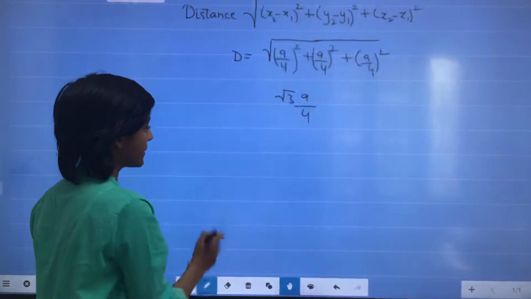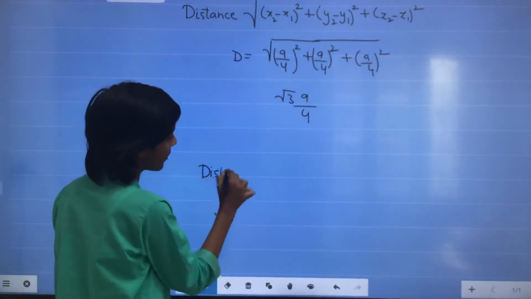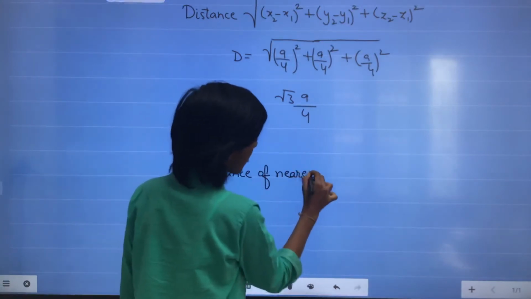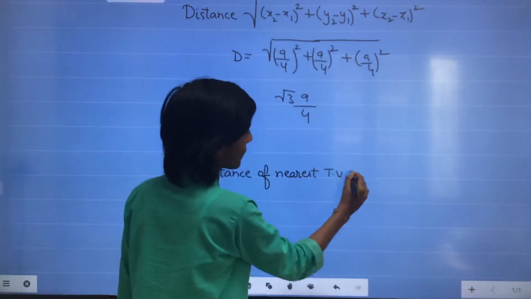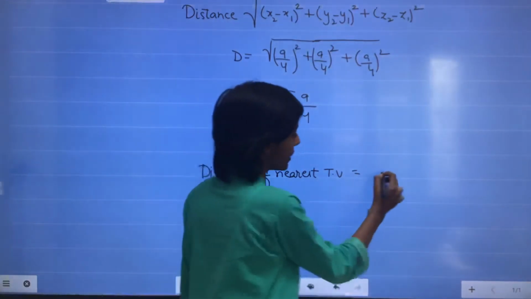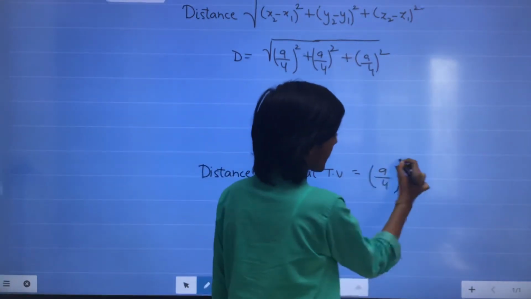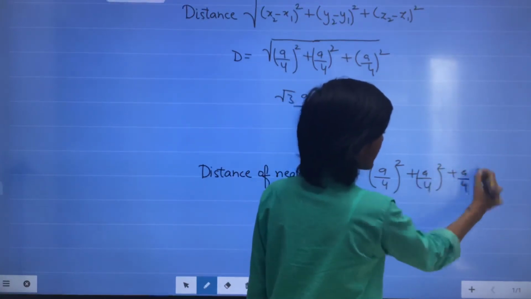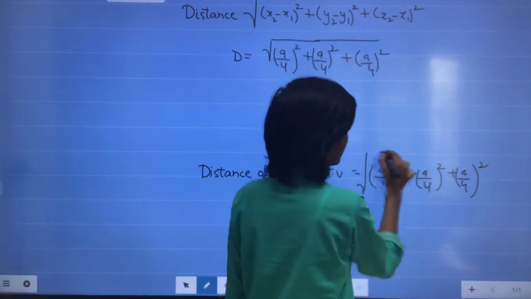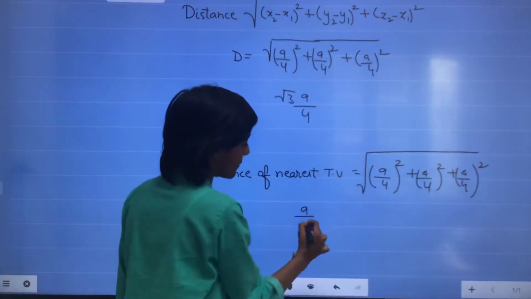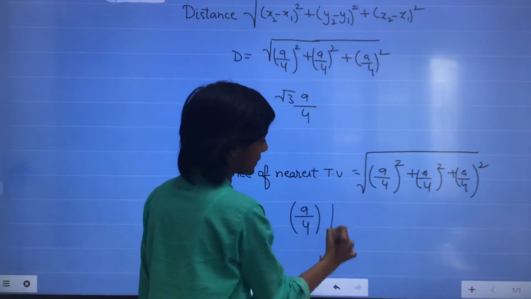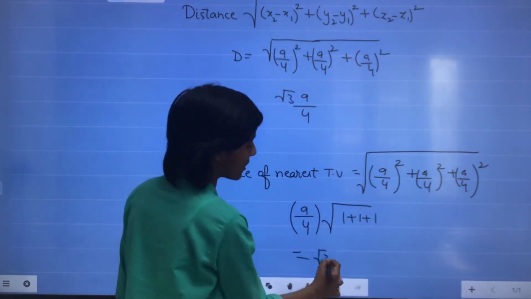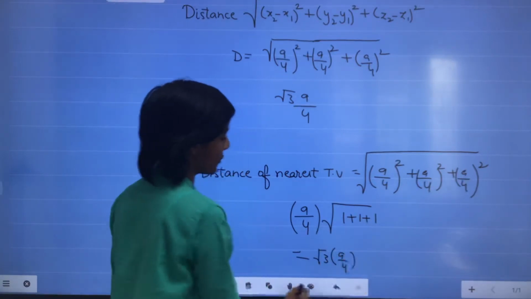Then we talk about the distance of the nearest TV. It is the square of a by 4 plus a by 4 squared plus a by 4 squared, and the whole under root. If we solve this, it will be a by 4 times the root of 1 plus 1 plus 1, so this value is root 3 a by 4.